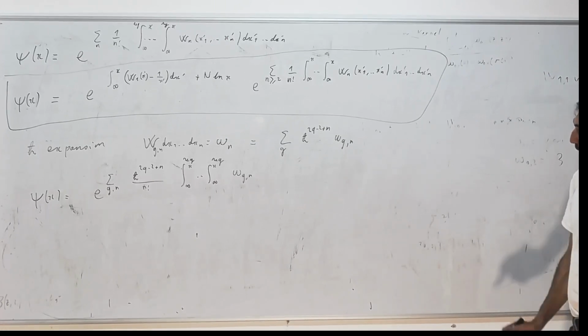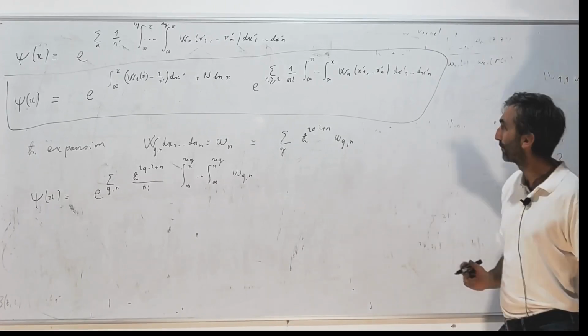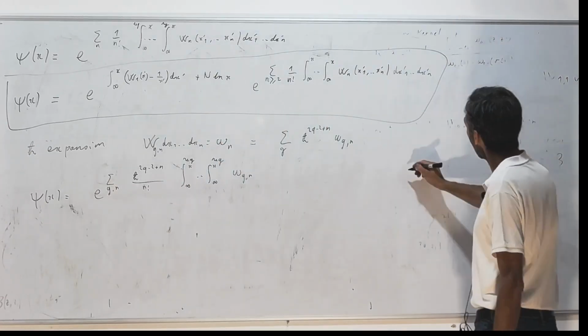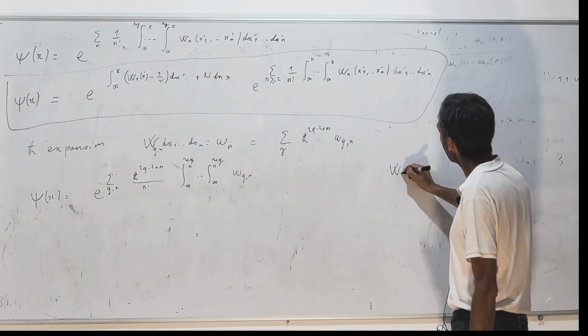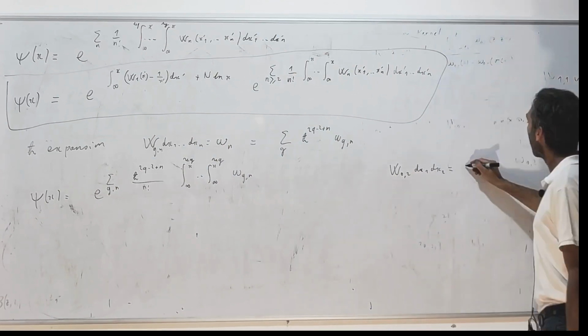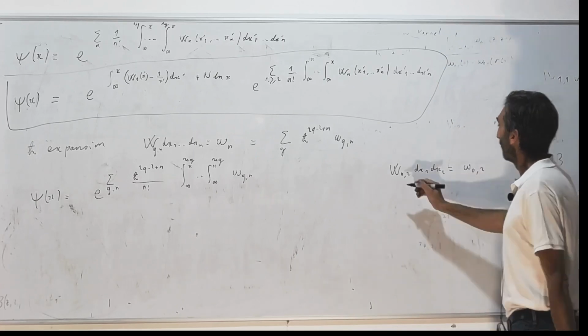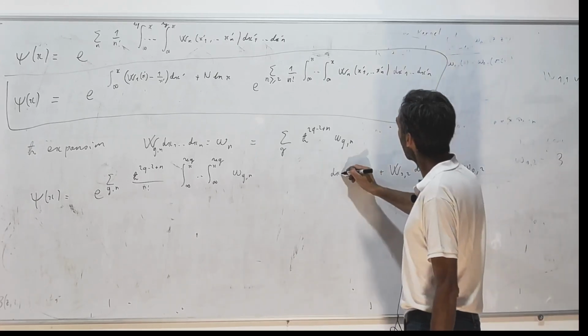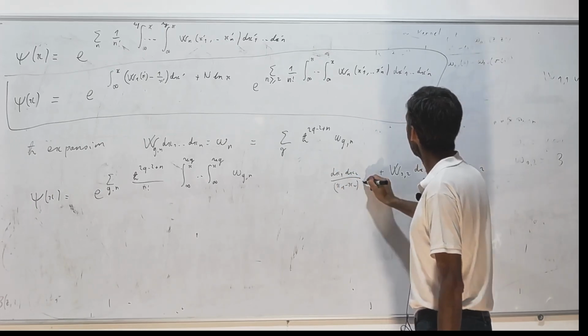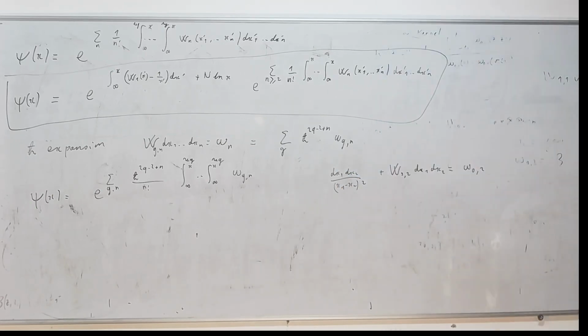In fact, that's not totally true, because for omega 02, you remember I defined omega W02 dx1 dx2 was not my omega 02. I added dx1 dx2 over x1 minus x2 to the square. So omega 02 is not the W02.